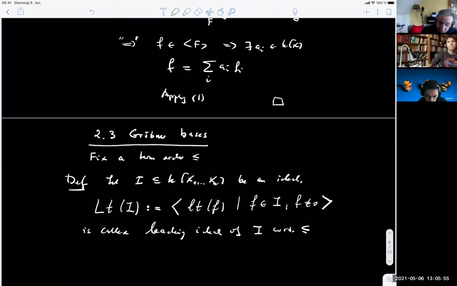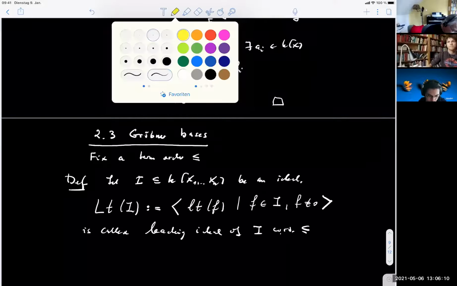One should be aware that this is not a complete absolute invariant notion. This is only defined after choosing a term order. If you change your term order, the leading ideal changes.